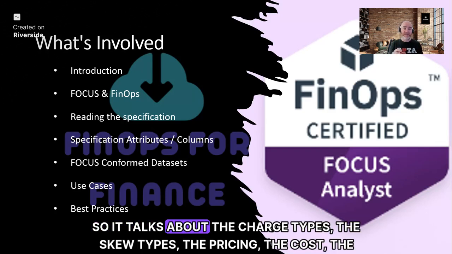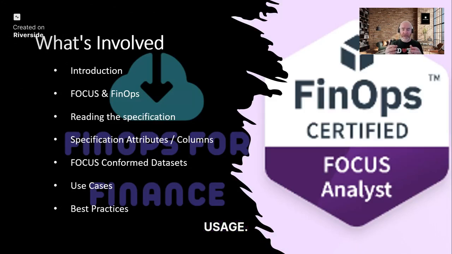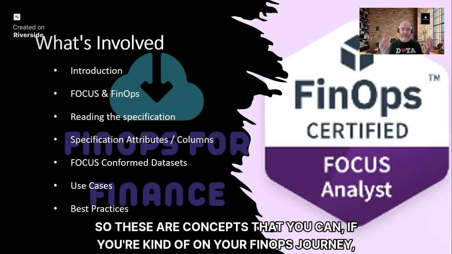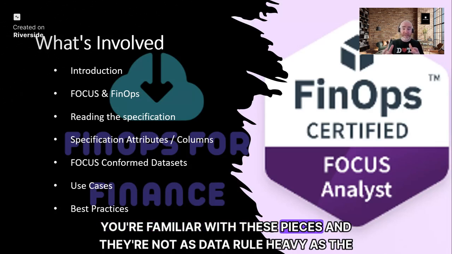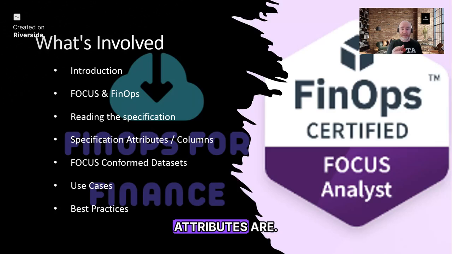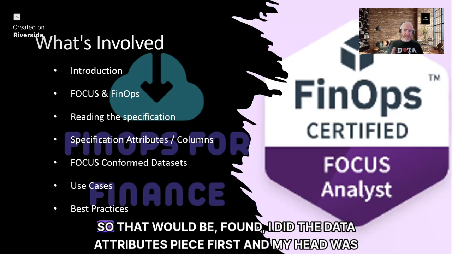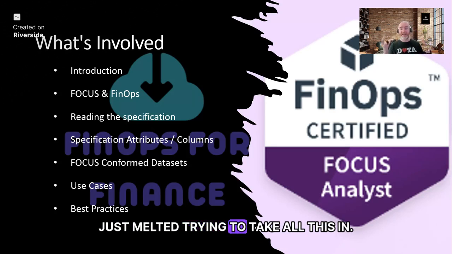It talks about the charge types, the SKU types, the pricing, the cost, the usage. If you're on your FinOps journey, you're familiar with these concepts, and they're not as data-rule heavy as the attributes are. I did the data attributes piece first and my head was just melted trying to take all this in.